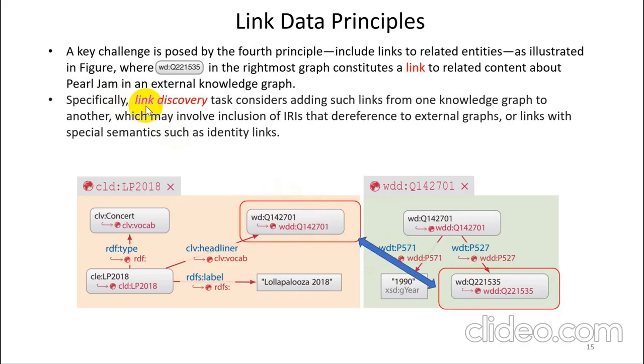Specifically, we can use the link discovery task, which considers adding or searching for links from one knowledge graph to another one. This one is one knowledge graph and this one is another one. So how can we link them together? The approach is that we use link discovery.